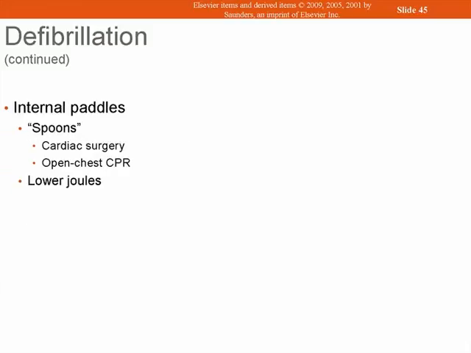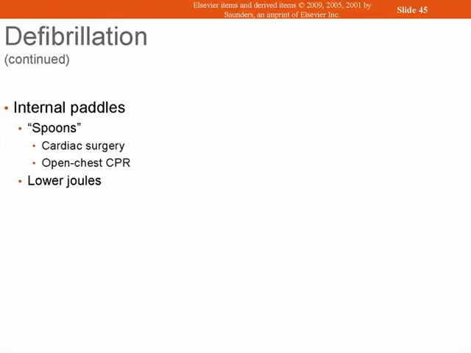Okay, there are some internal paddles that can be used, especially on patients who have open heart surgery. These are spoon-type electric paddles that conduct the electricity, but it's at a much smaller electrical jolt because it's directly on the heart. This is when we have open chest CPR or they have cardiac surgery.